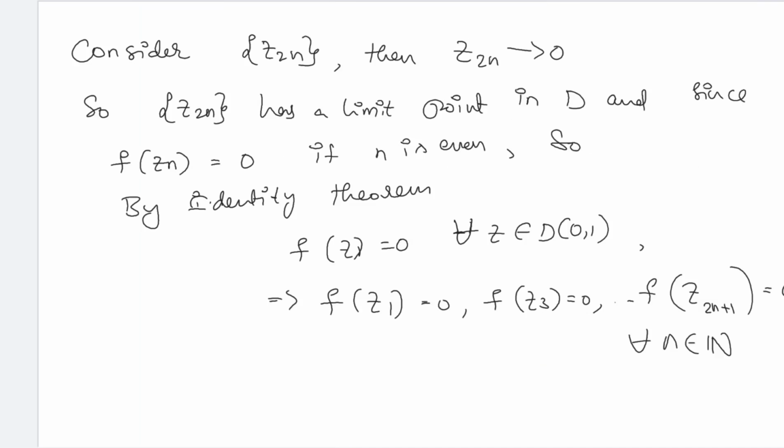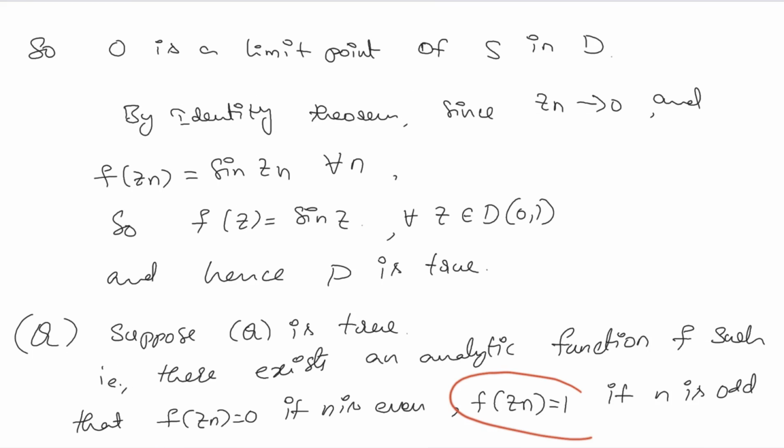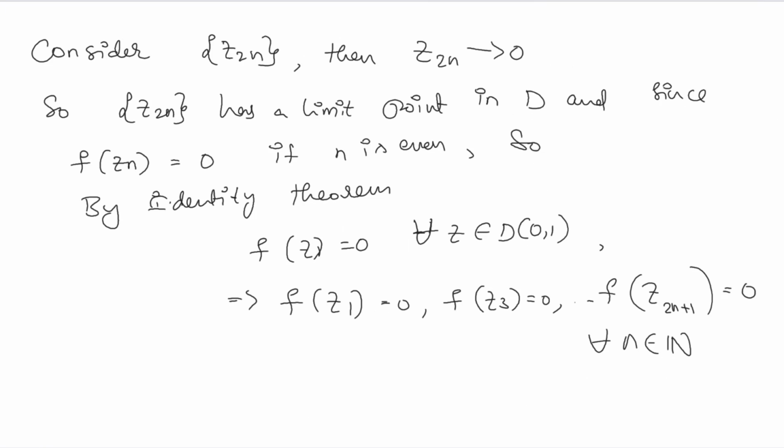By assuming the statement is true, we got f(z1) = 0, but it is given that f(z1) should be 1.